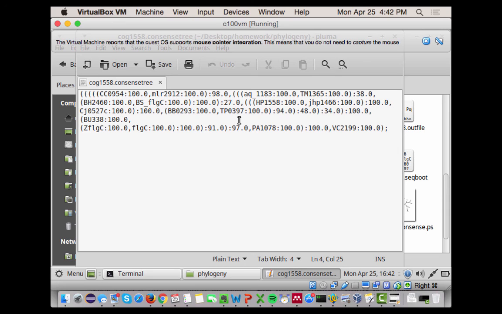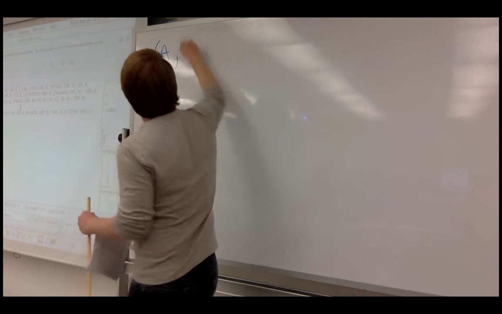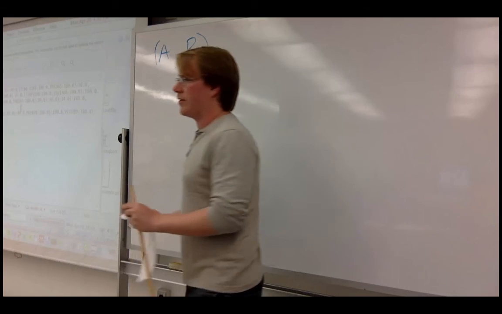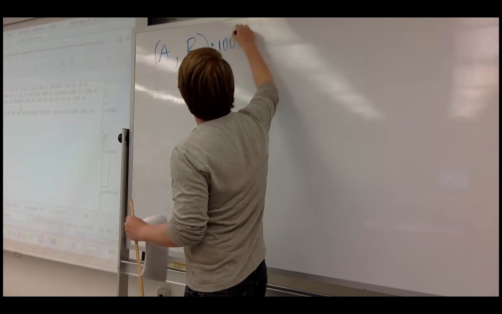Okay. So between Z flag C and flag C, they're both 100% to each other. They're 100% confident that this branch is coming out of DU, which is the next parenthesis over. They're like recursive parentheses, kind of. So if it was our original tree, it would be A and B. The only thing this is adding is the confidence. So let's say we're 100% confident.